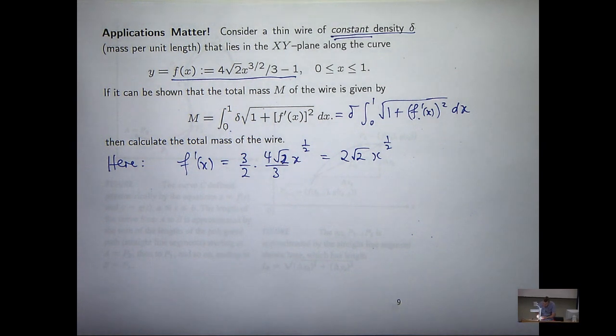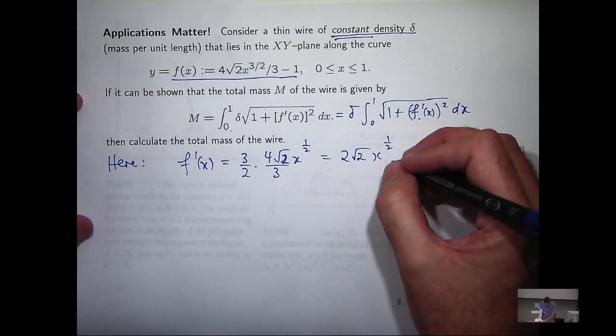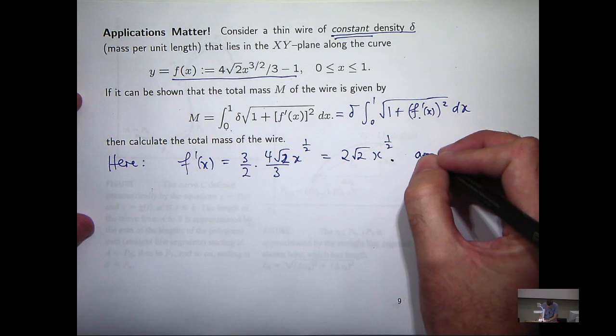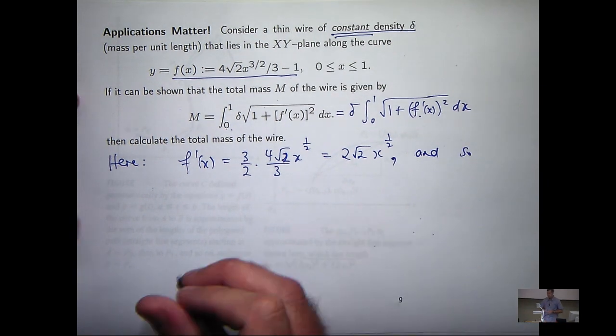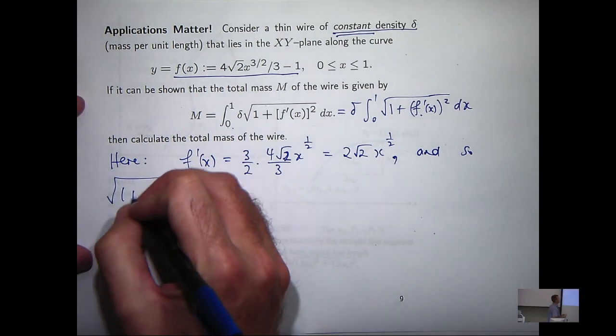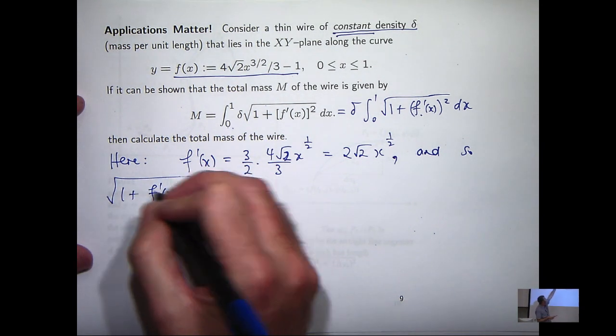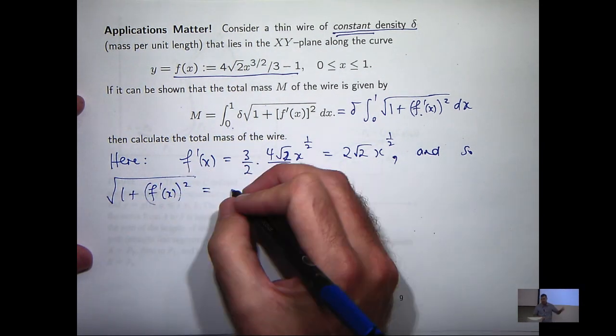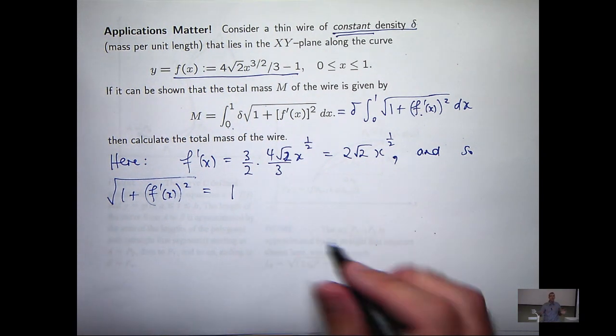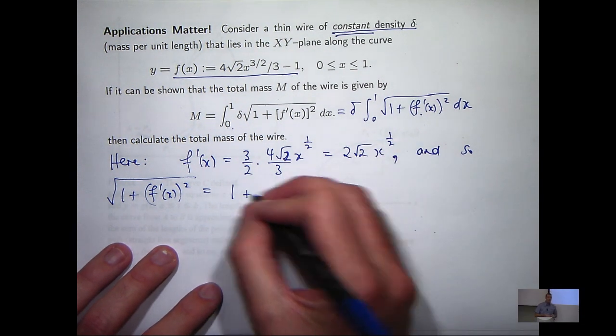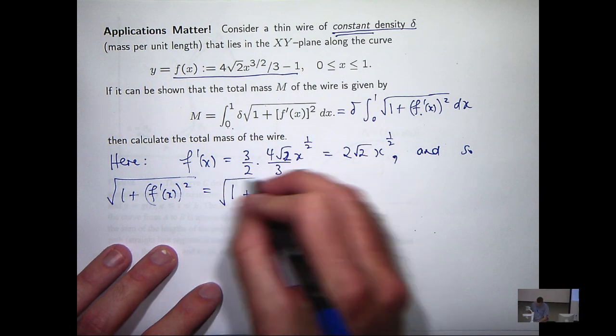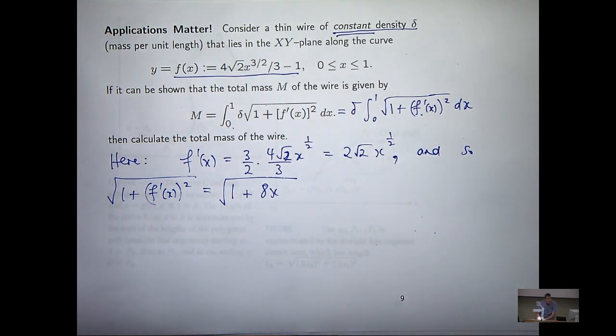And now let's use our formula for the total mass. Now if I square this, I'm going to get something like 8x with the square root sign. All right, so what I've got to do is integrate something with a square root sign.